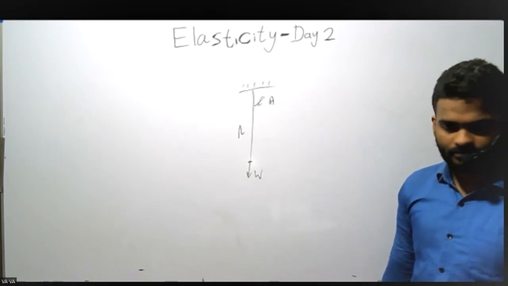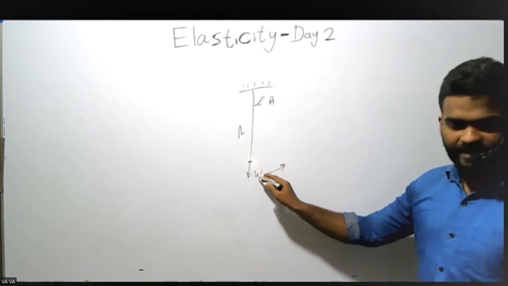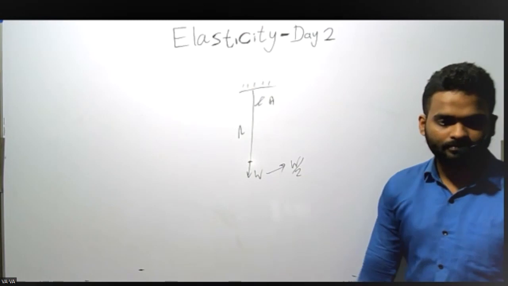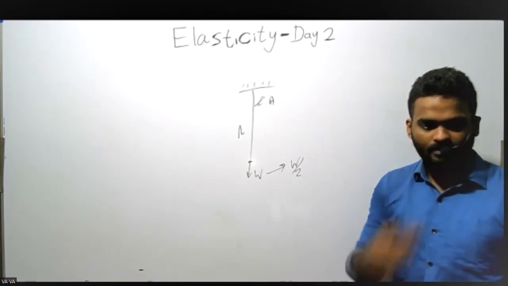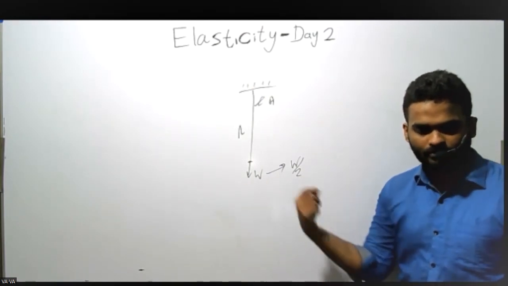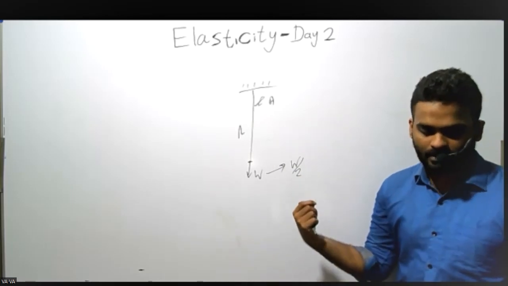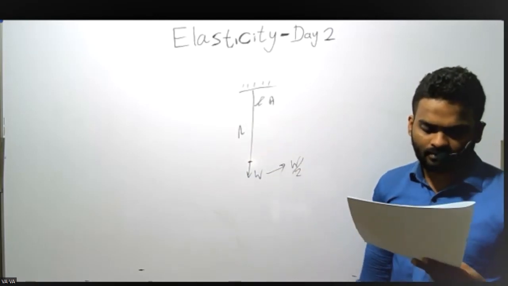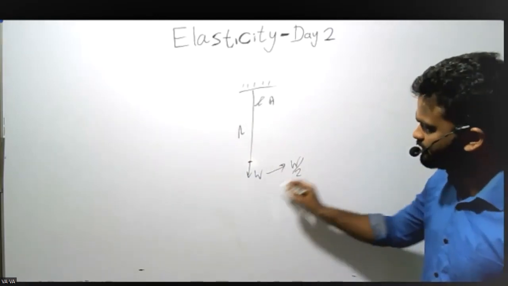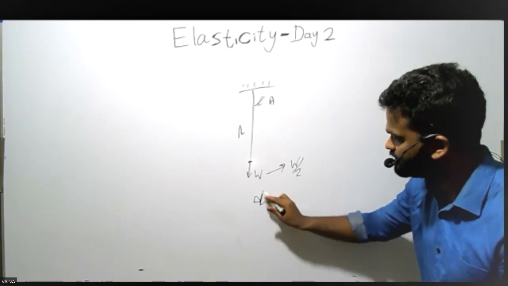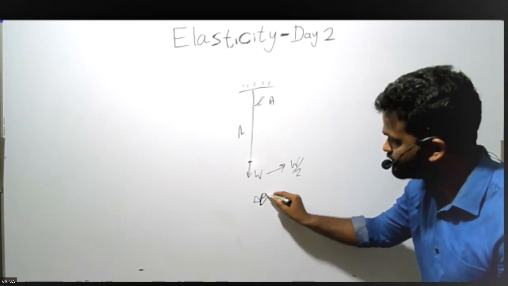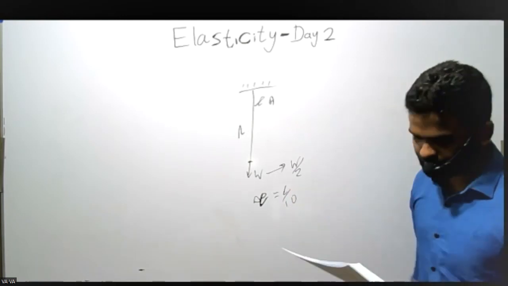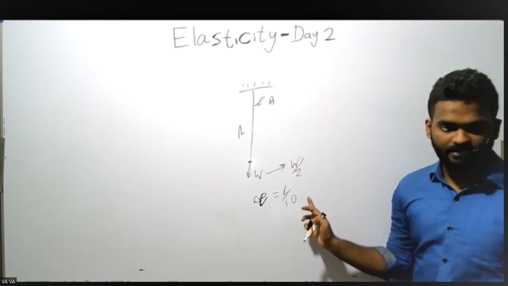So what do we do? We decrease the weight W to W over 2. So the change is W over 2, right? In this case, extension also decreases. How much? This is change of extension, not extension. The change of extension is L over 10, decreased by L over 10.